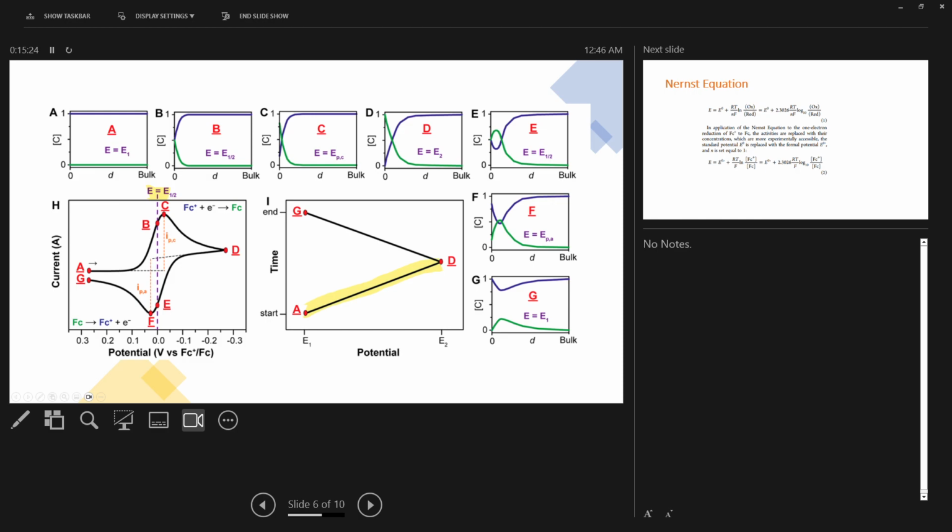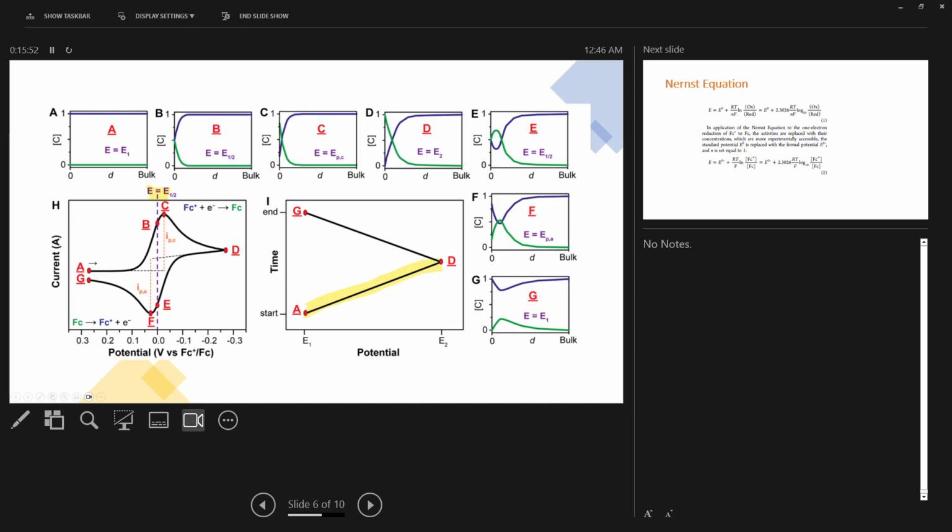Each species has its own value. Now moving toward point F, as we apply further positive potential to the working electrode, we see that at point F the amount of ferrocenium is higher now. Again, there is a shift. The amount of ferrocenium at the cathode is higher than the amount of ferrocene.